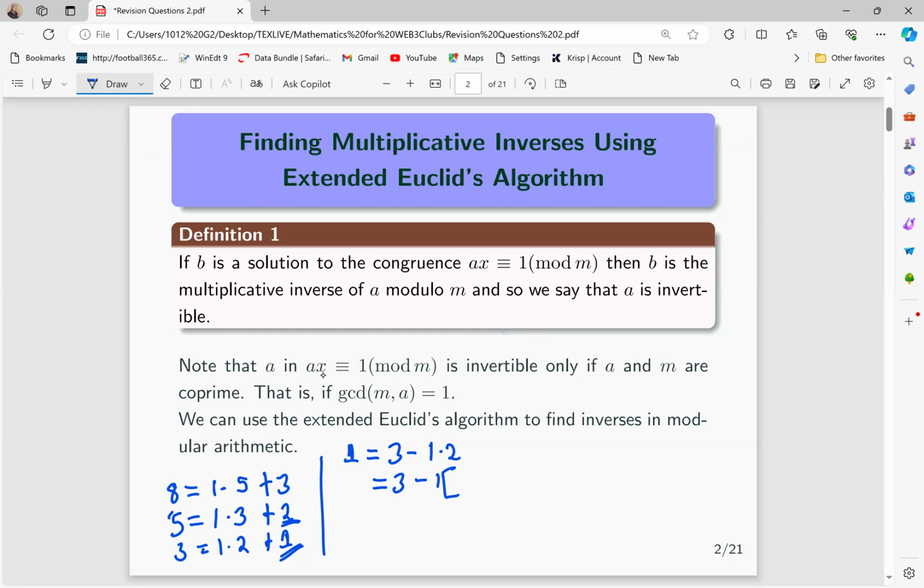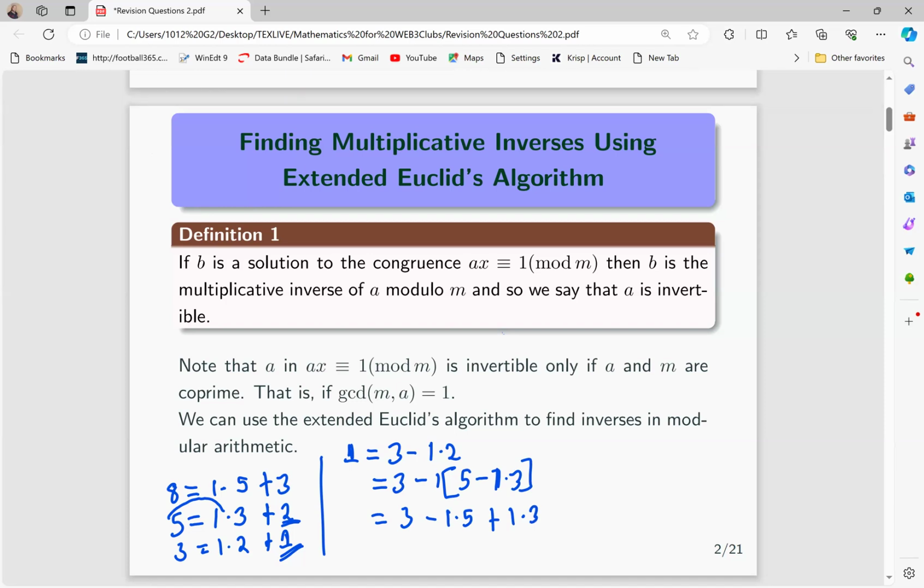Its equivalent is 5 minus 1 multiplied by 3. This is the same as 3 minus 1 multiplied by 5 plus 1 multiplied by 3, and this is the same as negative 1 multiplied by 5 plus 2 multiplied by 3.